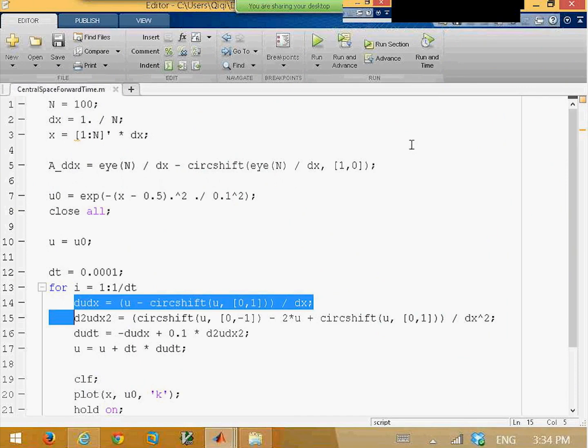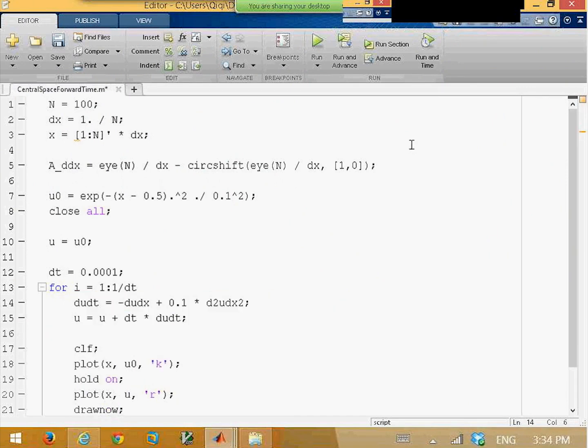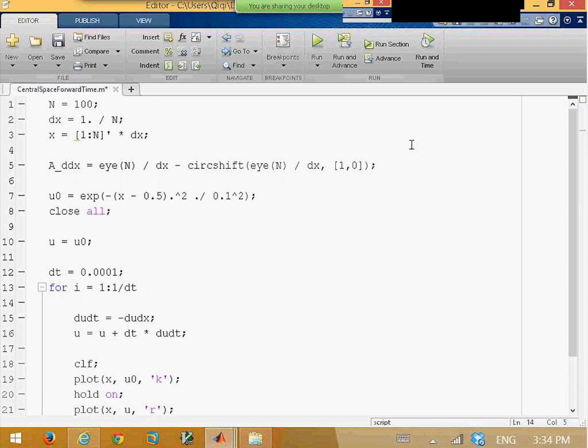And this is no longer true anymore, so I'm going to remove this. I'm going to just do a linear advection equation first. But my du dx is equal to A DDX times u. That's how easy it is to apply this finite difference matrix.